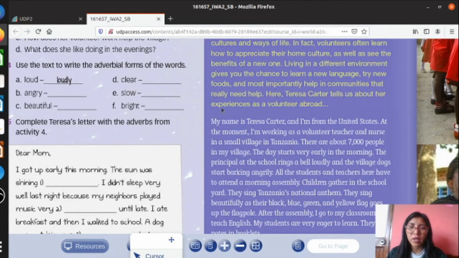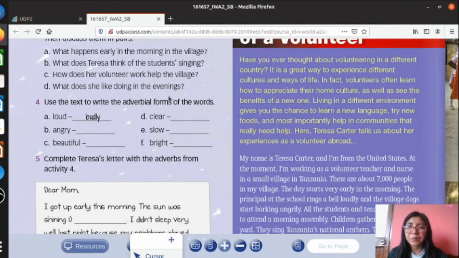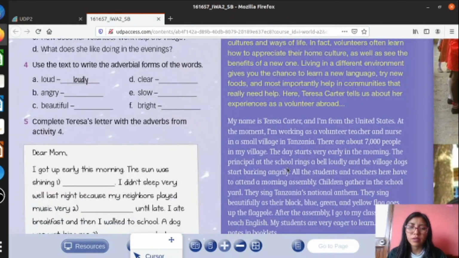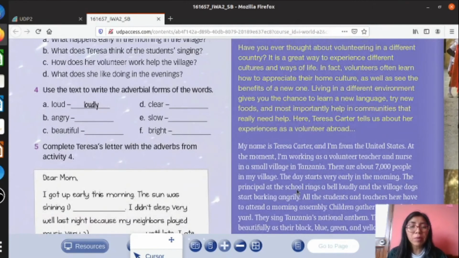Okay, eso es lo que piensa Teresa. How does her volunteer work help the village? That's right. Remember, Teresa works as a teacher and as a nurse. Okay, that is the answer.